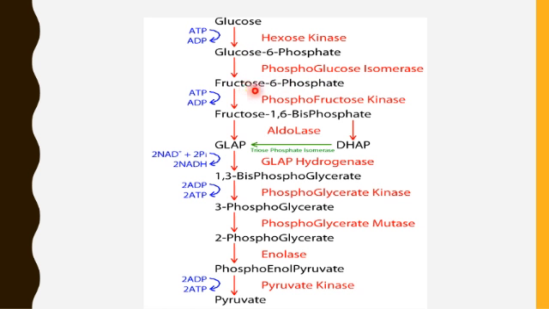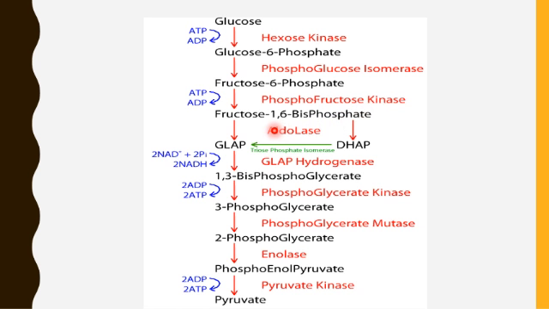Now fructose 6-phosphate is converted into fructose 1,6-bisphosphate. Again this is a utilization of phosphate coming from ATP, that is ATP is converted into ADP and that phosphate is utilized for the formation of fructose 1,6-bisphosphate in the presence of the enzyme phosphofructokinase.